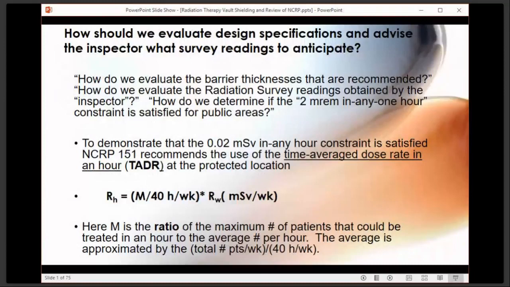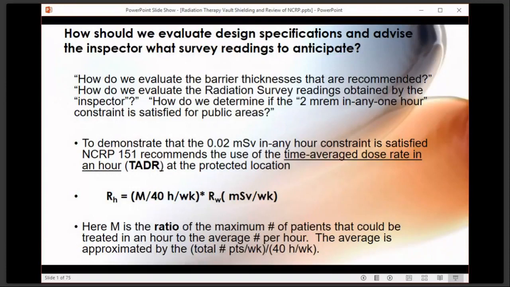And furthermore, if the radiation inspector comes through, he's going to measure generally an instantaneous dose rate on the other side of the barrier. And we should be able to tell him what we expect to see on the other side of the barrier so that he's not, let's say, flabbergasted by the relatively high reading that's on there momentarily.